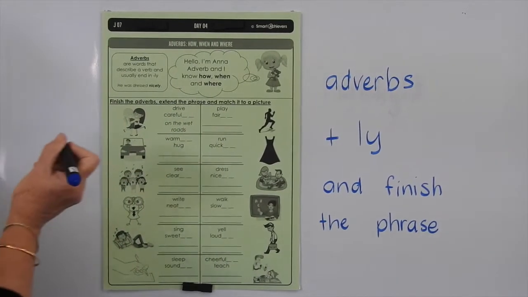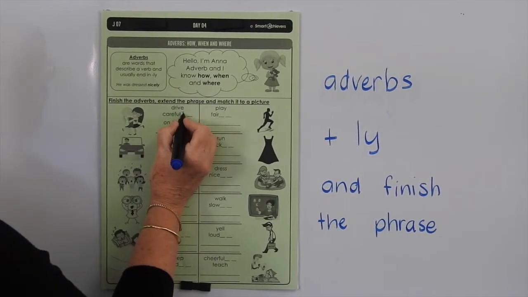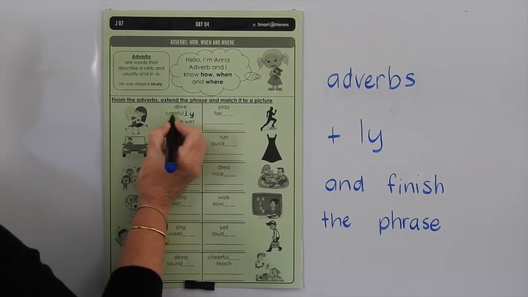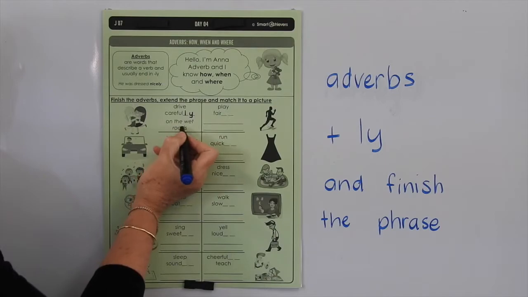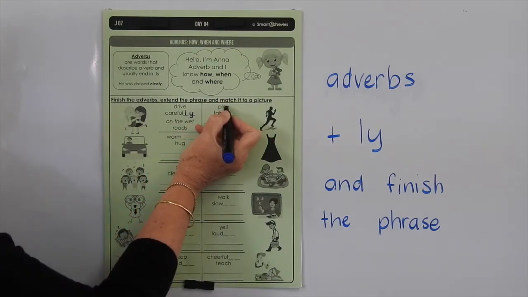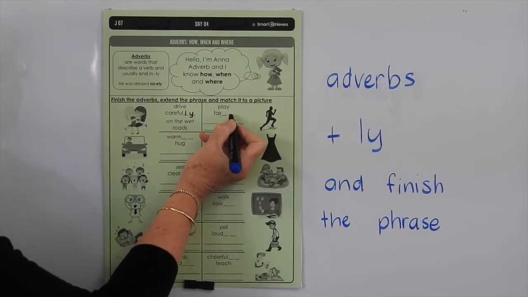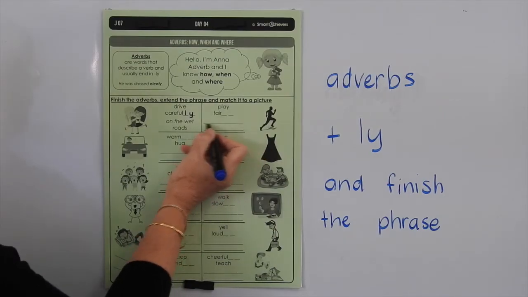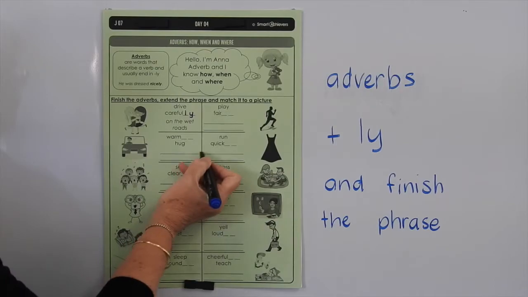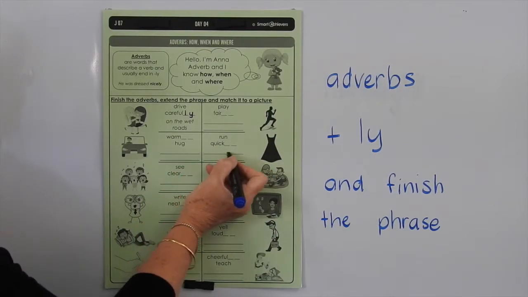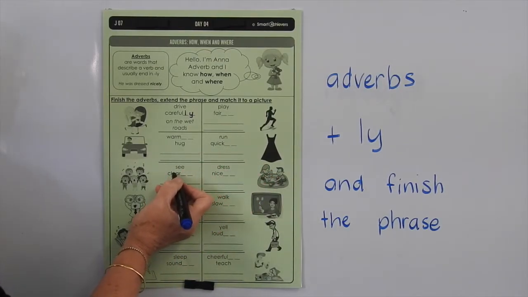As we said, a lot of the time we add ly to a base word to make it into an adverb. So drive carefully on the wet roads. Here you've got to add the ly, play fairly, and you might put something like with your friends. Warmly hug your mum and dad, or run quickly to catch the bus, or see clearly.